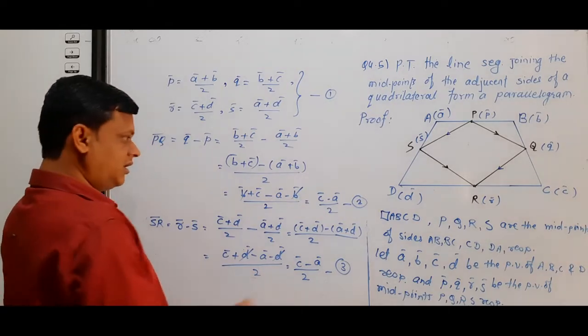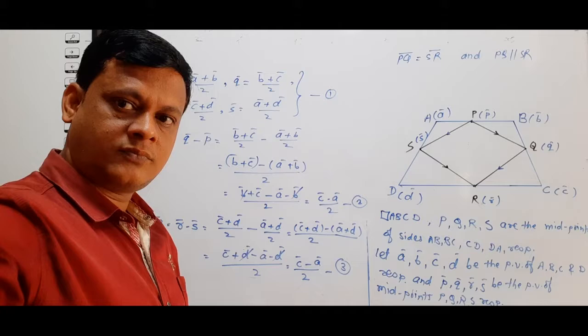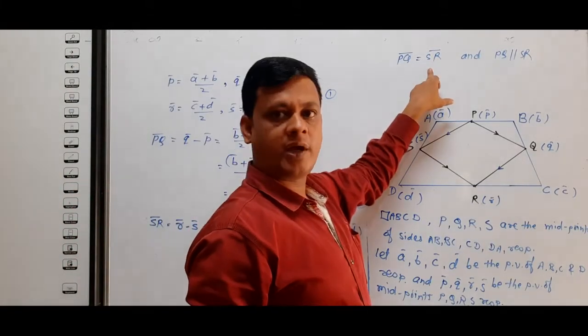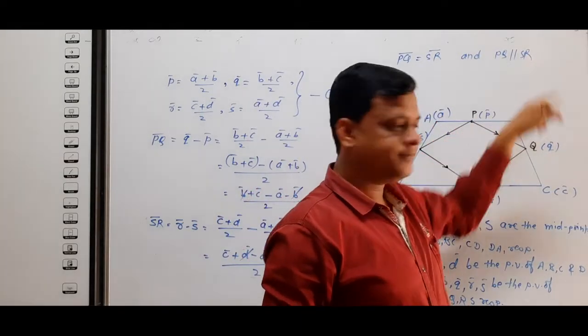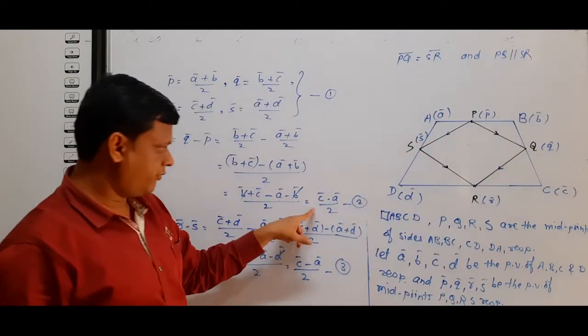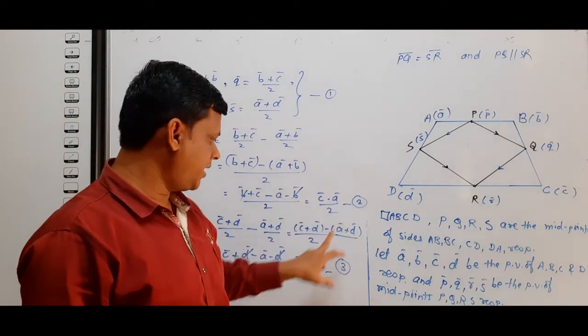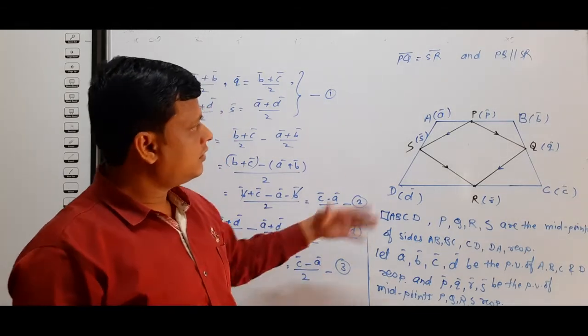From equations 2 and 3, vector PQ equals vector SR, and PQ is parallel to SR, because the right-hand side gives C bar minus A bar by 2 in both.